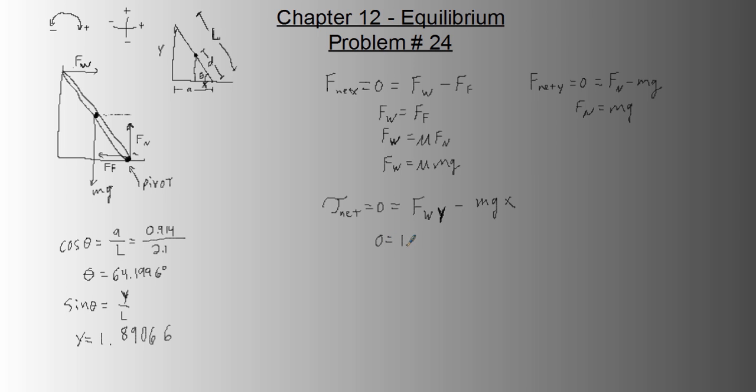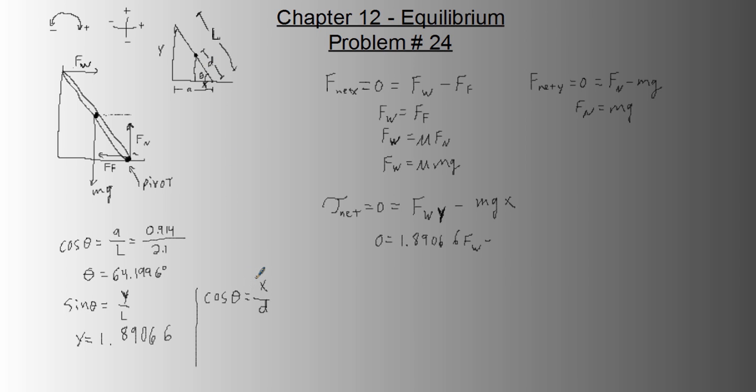So 0 equals 1.89066 Fw minus, now let's find x. I believe I did find x, but where did I find it? Yeah, so this little triangle, we know that we want x, that's cosine, so I'll do that right here. Cosine of theta, which again is 64.1996, equals x over d, right?